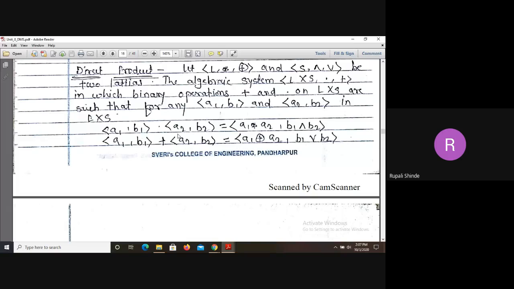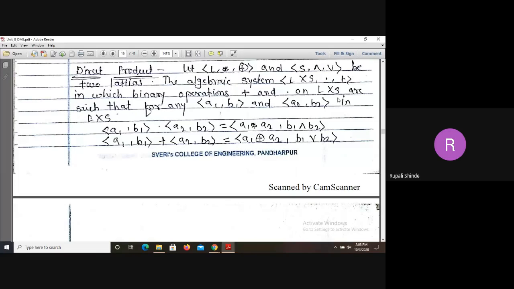Now b1 b2 these are the elements of set S, and for this set S we have defined AND operation that is similar to dot operation. That dot operation was similar operation कुठला आहे? Set S that is AND operation. So we will write here b1 AND b2.